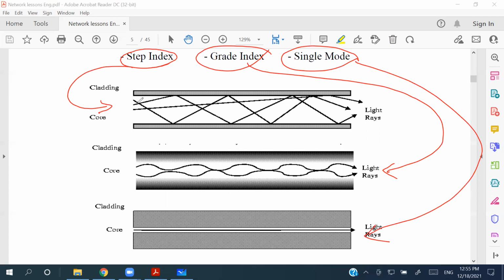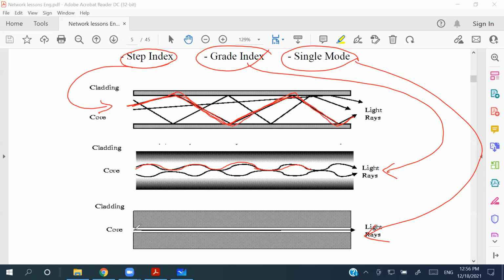Step index uses a sharp reflection, whereas here they use a very smooth reflection. It can be changed with the materials that we use to create the glass tube.